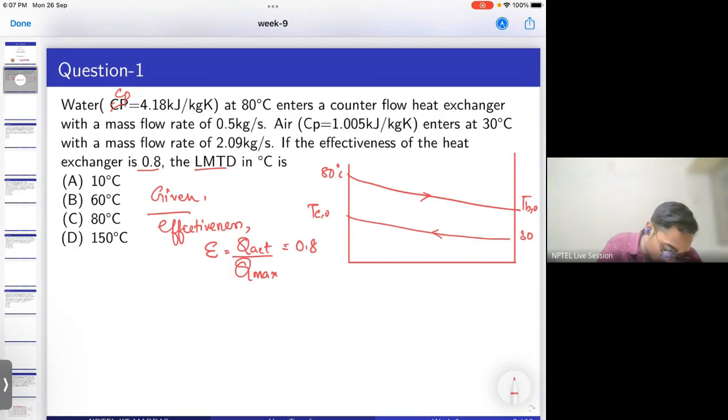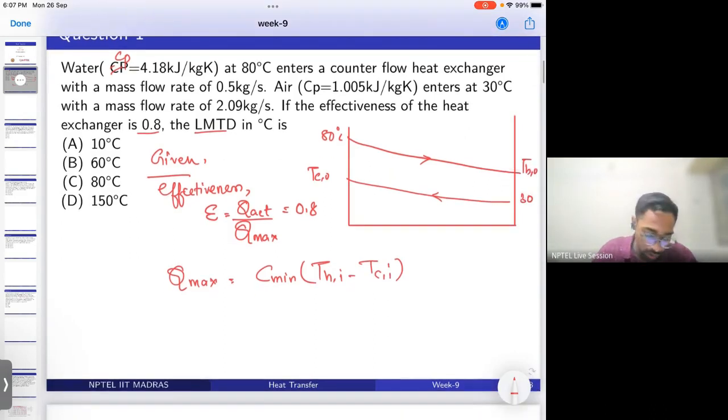So what is Q max? Q max is C min into THI minus TCI. This formula we also discussed in last week's session, so you can refer back if you have any doubt, and it is also discussed in this week's contents by the professor. First we need to find the heat capacities.